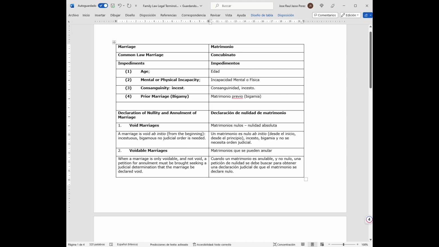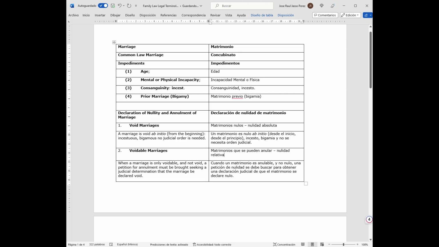Okay? And voidable marriages, we would call this nulidad relativa. But this is a very legal, technical concept. So for purposes of translation, I don't think it's necessary to go that far. Those would be the applicable concepts in Spanish-speaking jurisdictions.